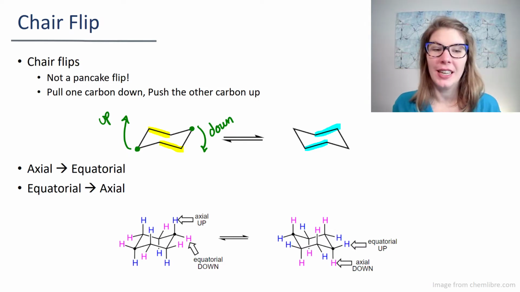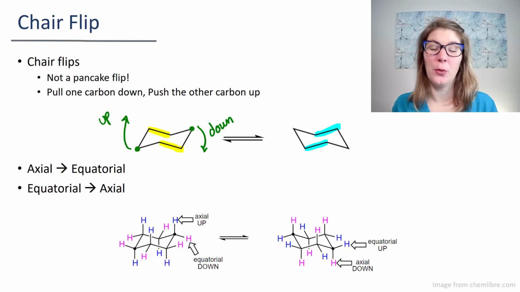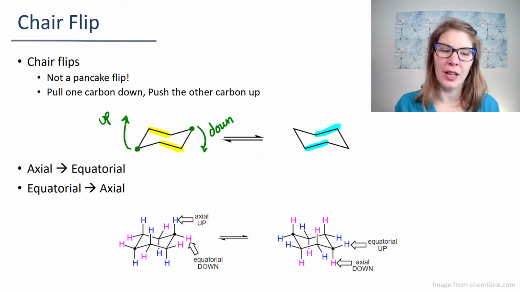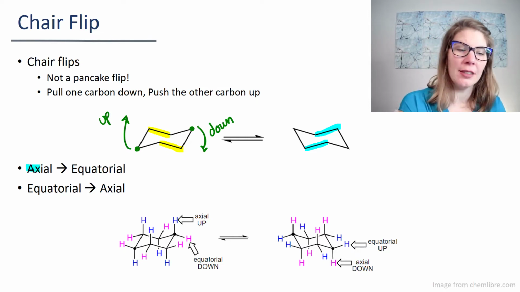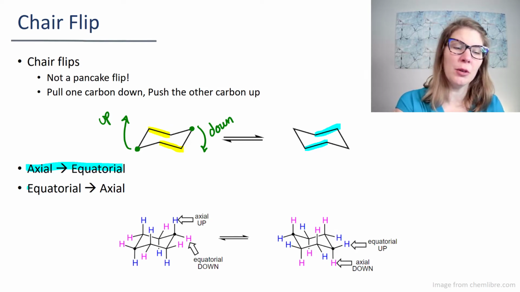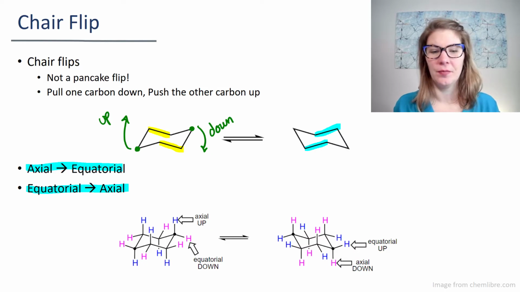In addition to recognizing that we're not pancake flipping and instead we are pulling one carbon up and one carbon down, another thing that we need to be aware of is that during the course of the chair flip, all of your axial positions turn into equatorials and all of your equatorial bonds turn into axials.